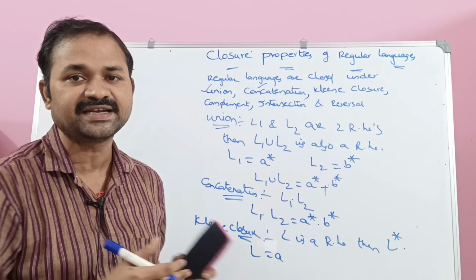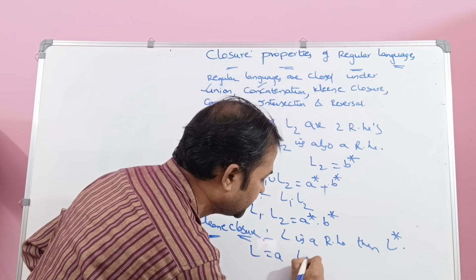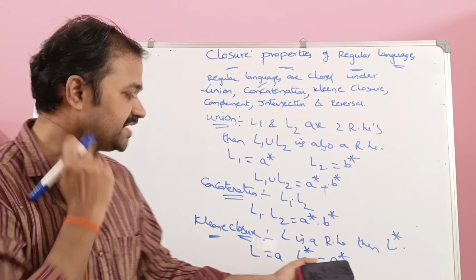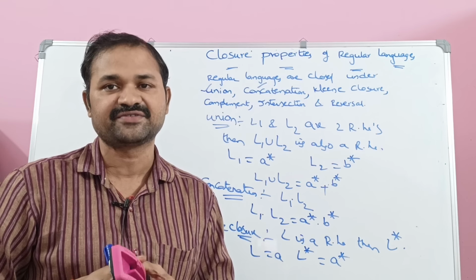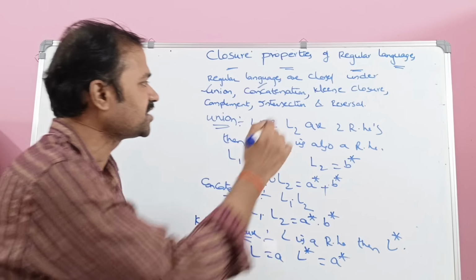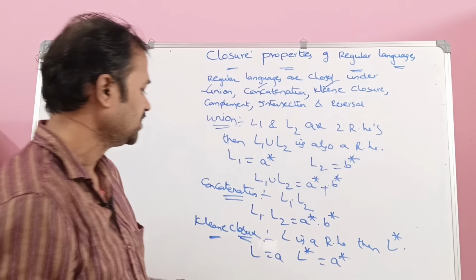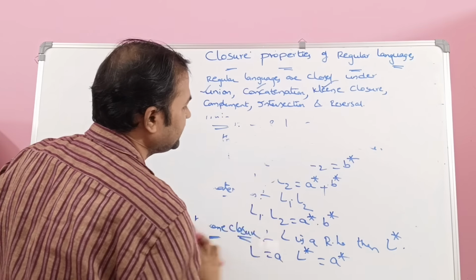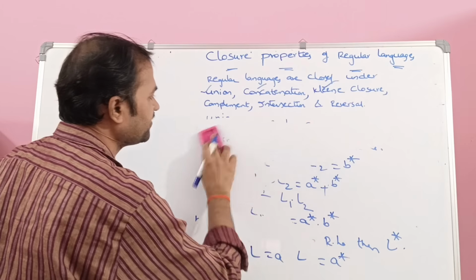Then L star is equal to a star. So a star is also a regular language. So we can say that regular languages are closed under Kleene closure. Why? Because if L is a regular language, then L star is also a regular language.